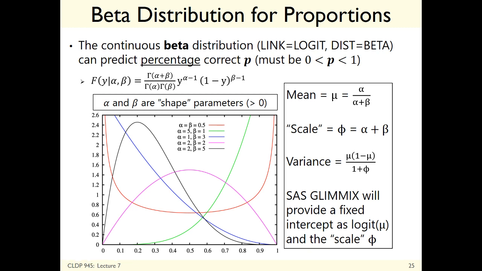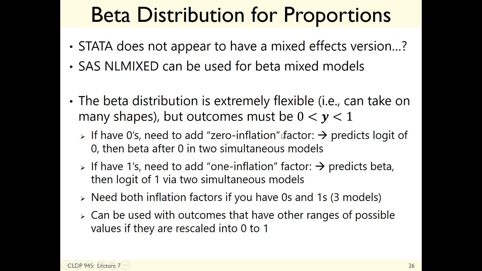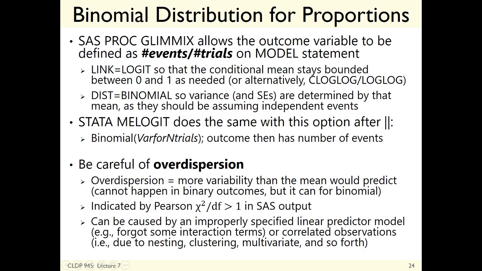The problem with beta is that it doesn't include zeros or ones, though. It goes between 0 and 1. So if you had people who got 100% or people who got 0%, you'd actually have to add 0 and 1 inflation factors on beta. And beta has parameters that are somewhat non-intuitive to figure out. So I'm not going to show you a beta, but I will show you a proportion one.